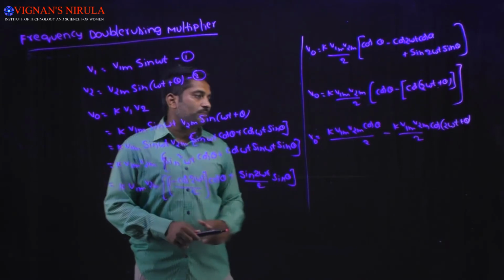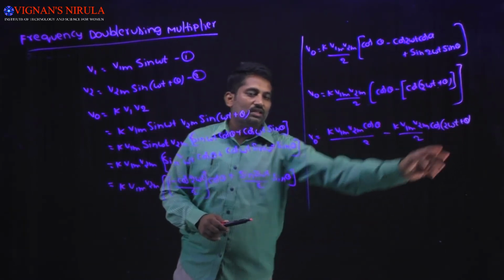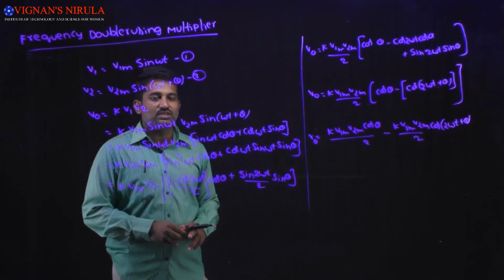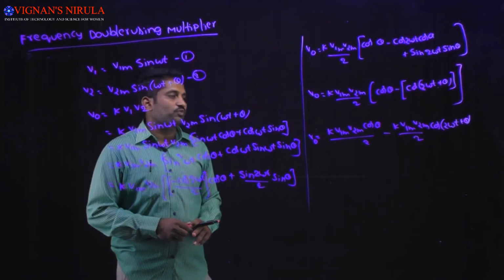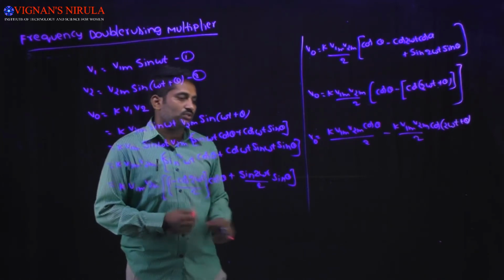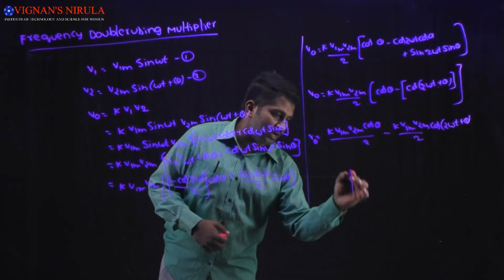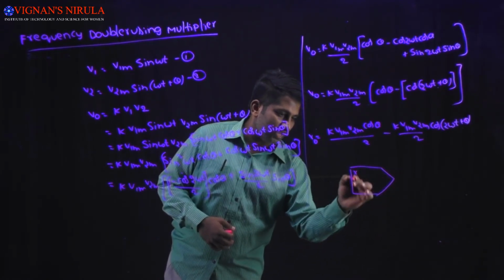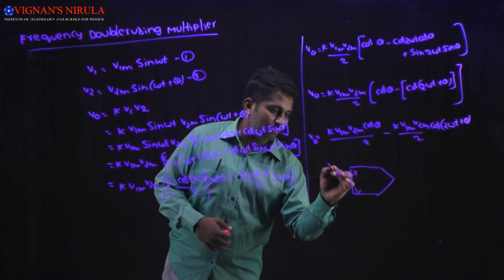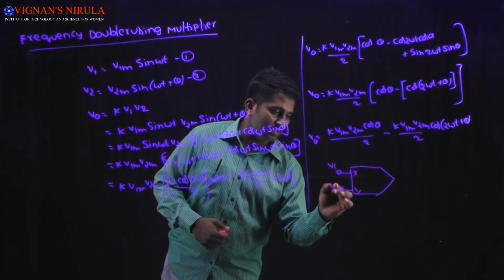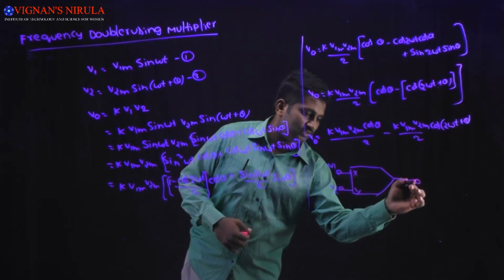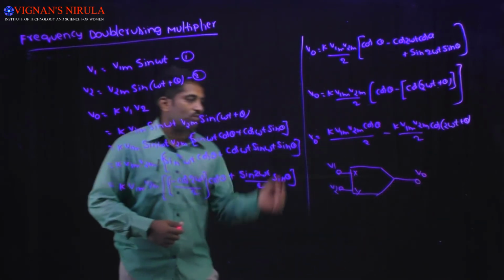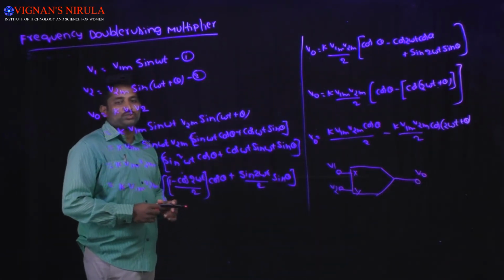And if you observe this expression, the frequency is double that of the input frequency. So if you take the multiplier like this, with inputs x and y, you apply the input V1 and the input V2, and there you collect the output.